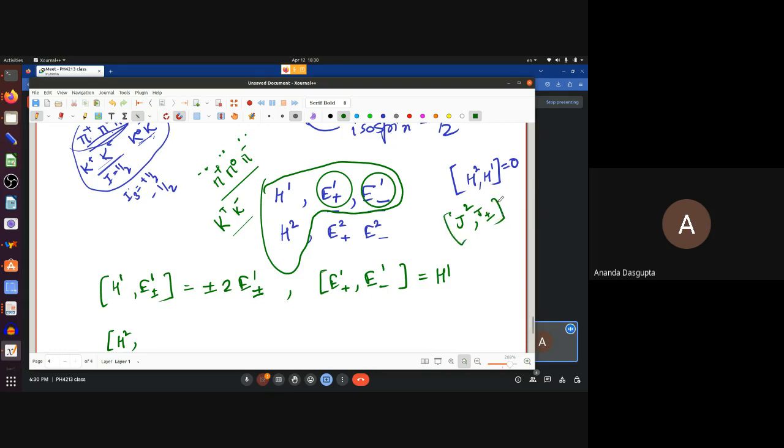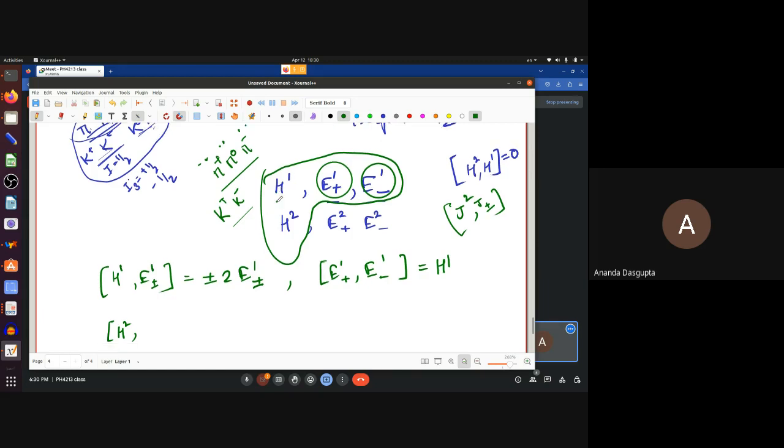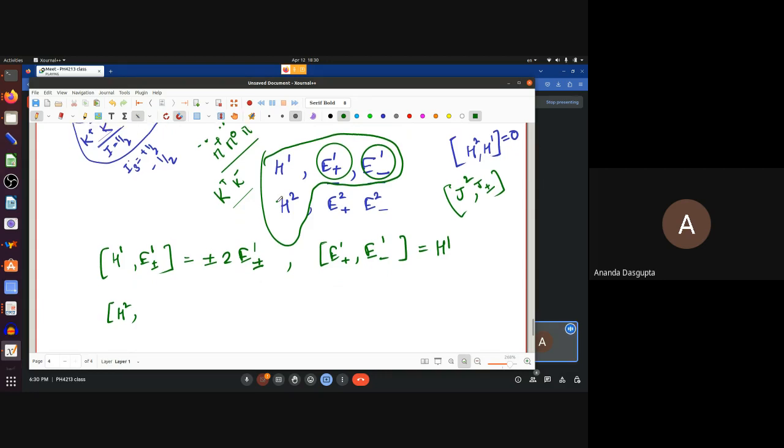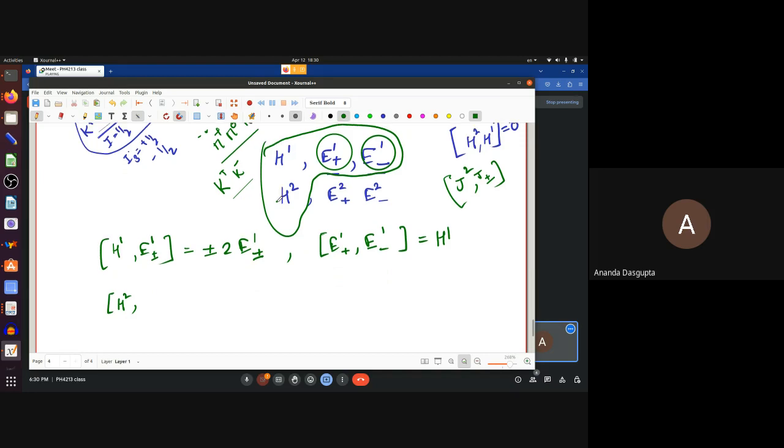It does not change the J squared eigenvalue. So all states in the multiplet will have different H1 eigenvalues, the same H2 eigenvalue, right? You understand that?